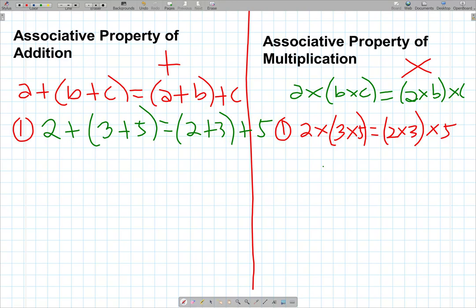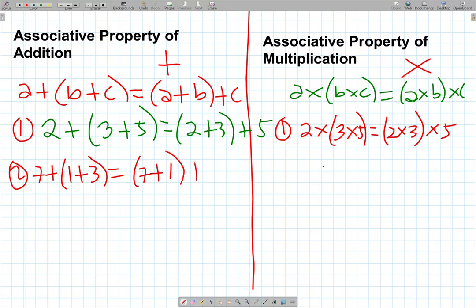Another one, number 2, example dito sa associative property of addition. For example, meron tayong (7 + 1) + 3 equals, diba? 7 + (1 + 3). Yan, makikita natin. So, that is associative property of addition, no?